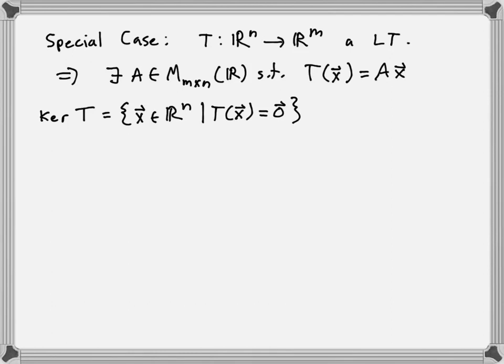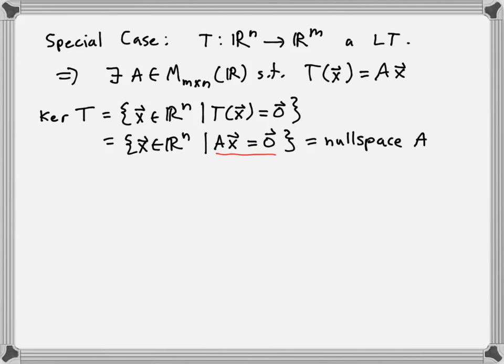But this is the same as the set of all x in Rn such that, remember, T of x is just A times x, so that's the same as saying this. But this should look familiar to you. When you look at this relationship, this set is specifically the null space of A. So what we just learned is that the kernel of T is the same as the null space of A.